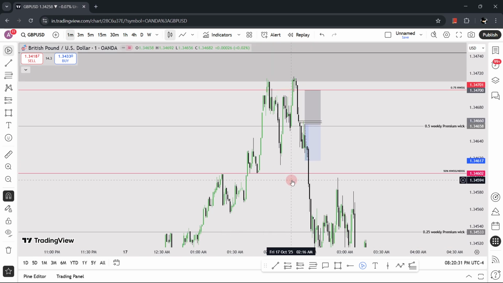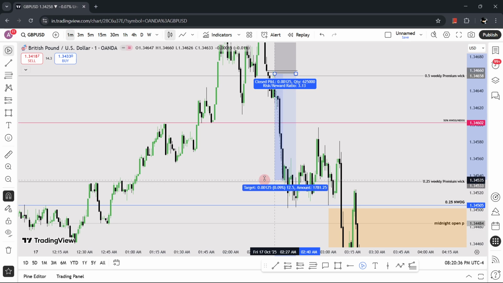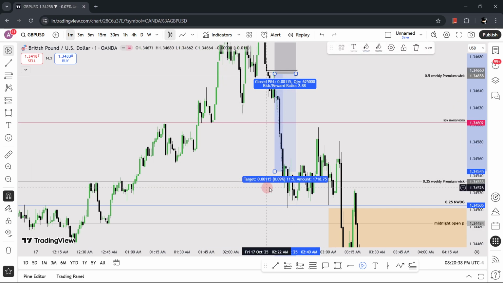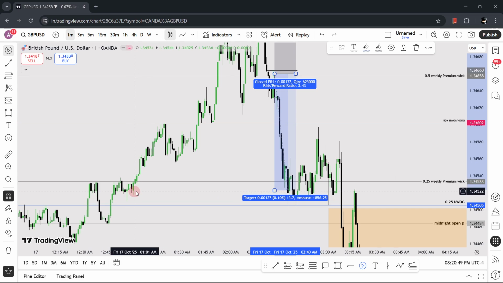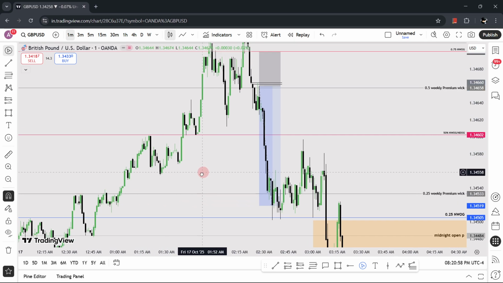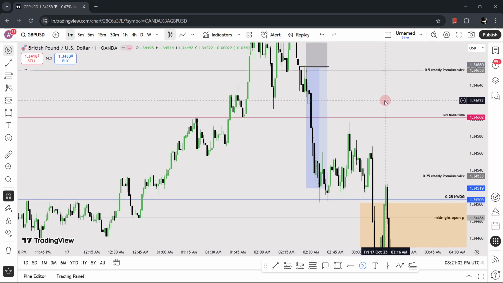So I personally look for a 3R. That's enough for me. So I could get a 3R around the 0.25 percentage level. So yeah, I put my stops right there because both the bodies of these two candles are here, right? So like this, like that. Okay, that's a 3.5 hour trade on the London session.